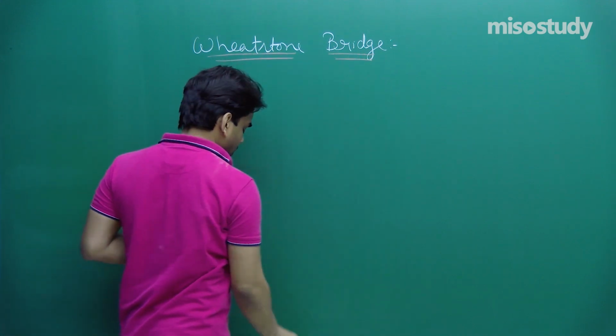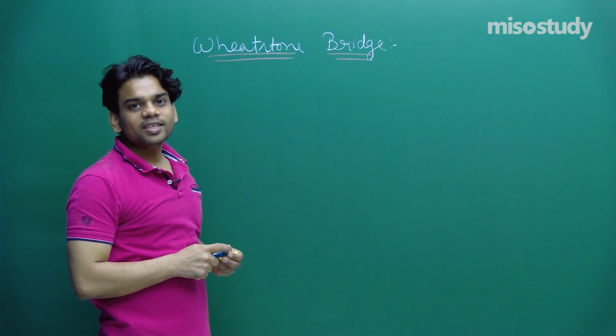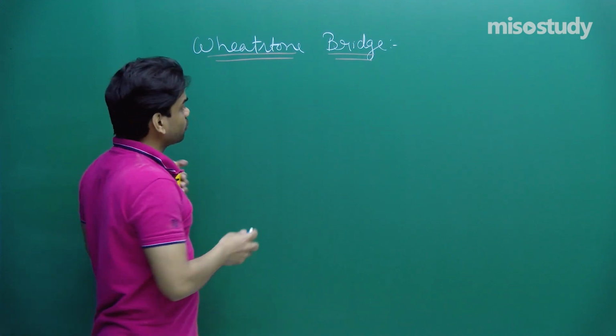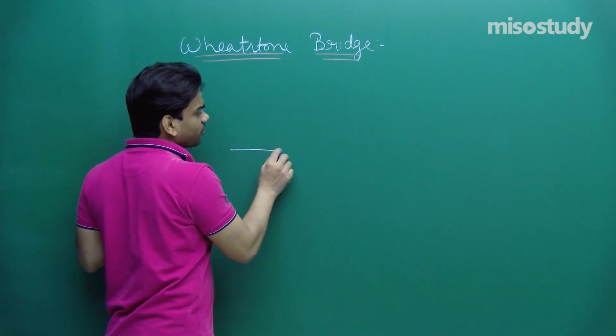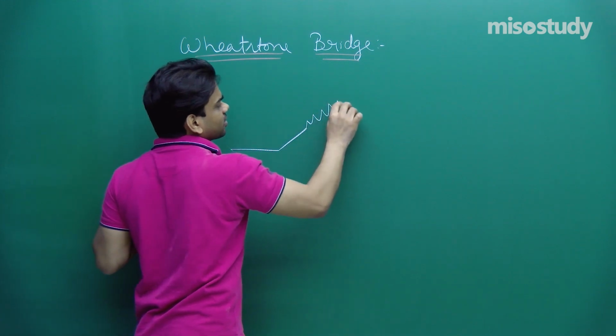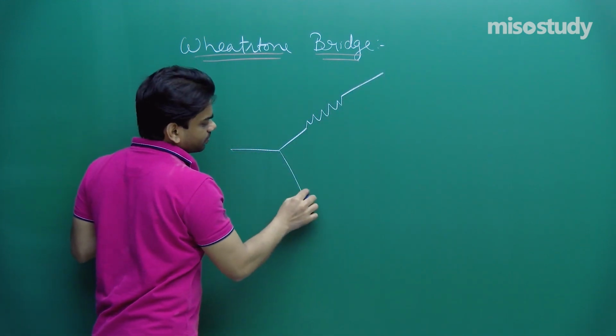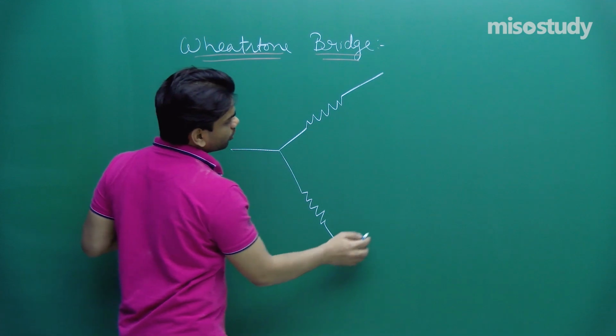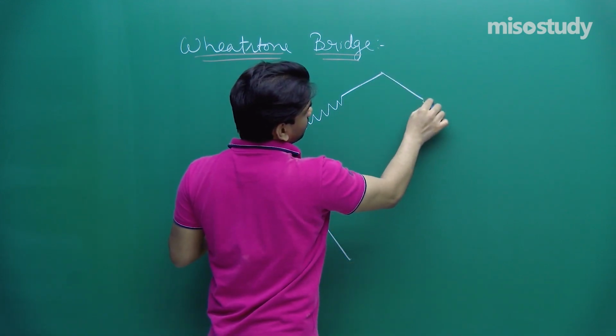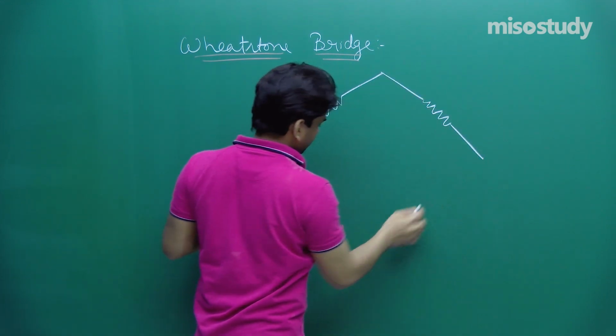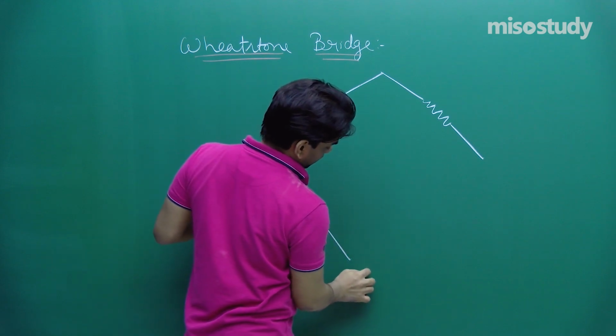Wheatstone bridge. First of all, there will be some resistors which would be connected. Let's say we have 4 resistors connected in this way, as shown in the figure.